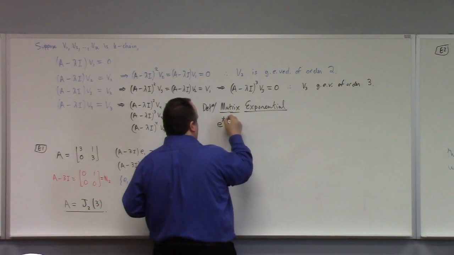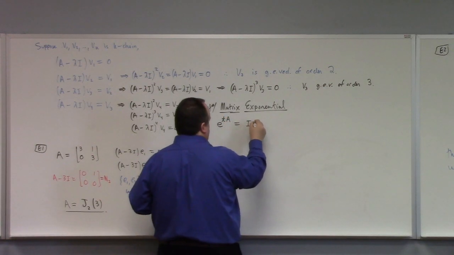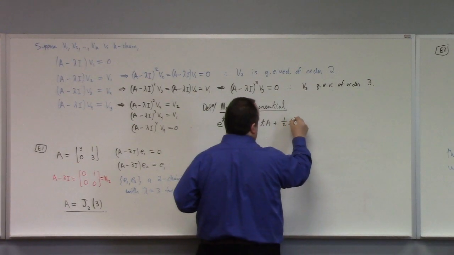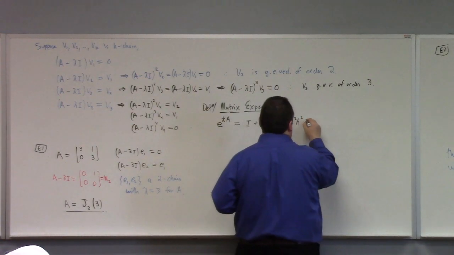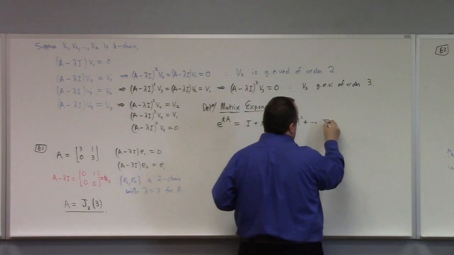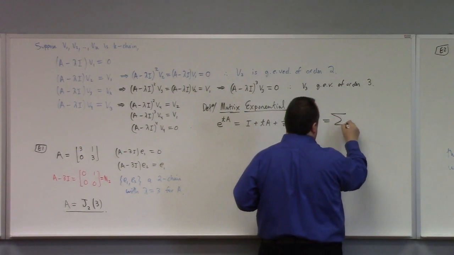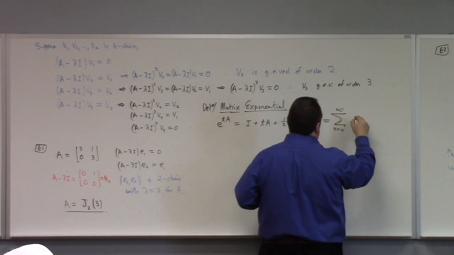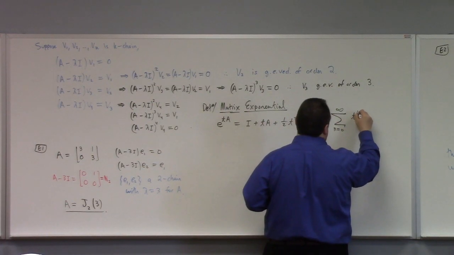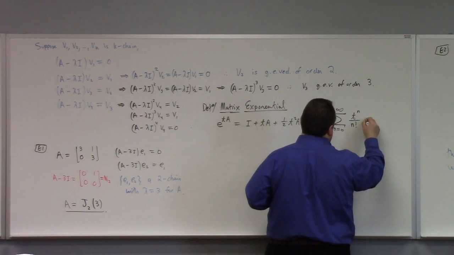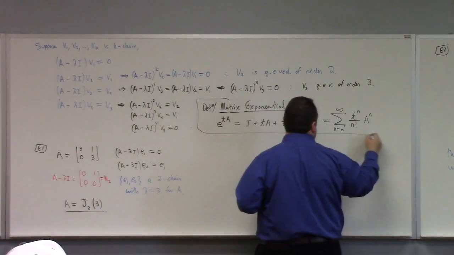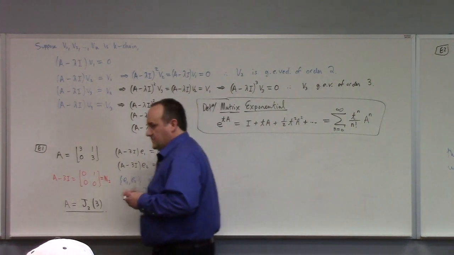E to the tA is equal to I plus tA plus 1/2 t squared A squared plus dot dot dot. So generically speaking, it's the sum, let's say n equals 0 to infinity, of t to the power n divided by n factorial times A to the power n. This is the matrix exponential.